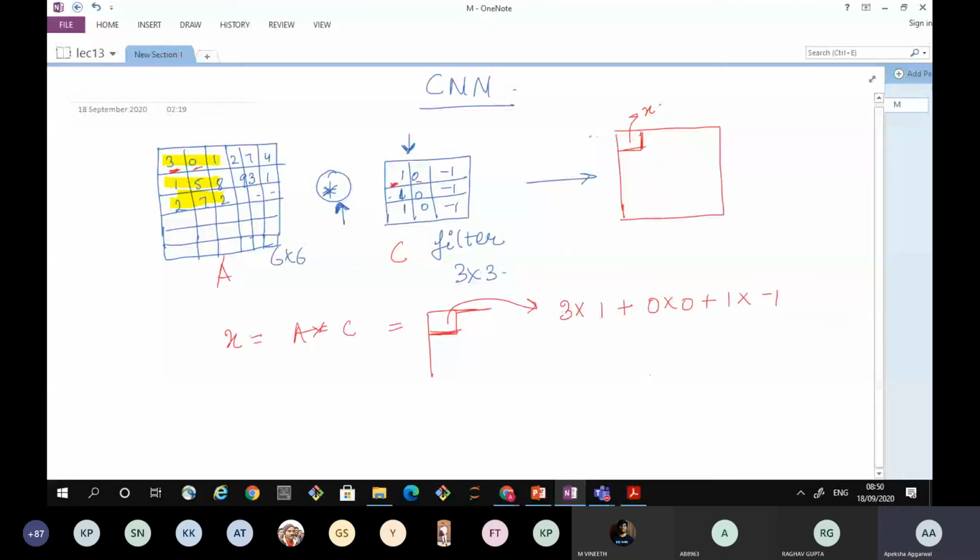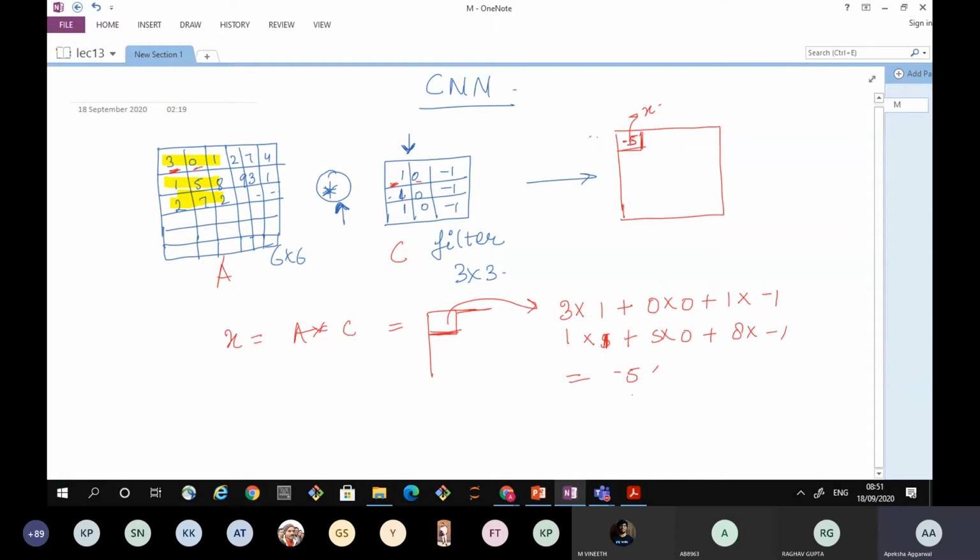So all the 9 values we are multiplying and adding. Then 1 into 5, plus 1 into 1, plus 5 into 0, plus 8 into -1, and so on. So I'll do this, and what I'll get is, let's say, -5. This value -5 I'll write over here.